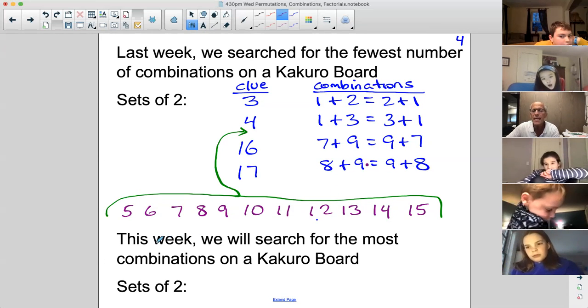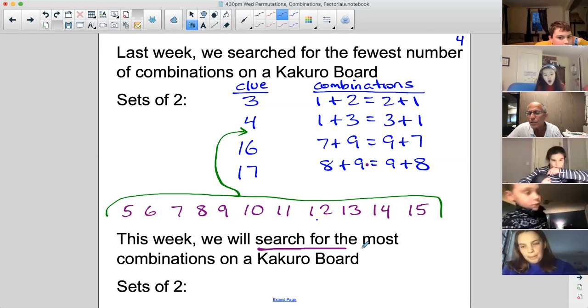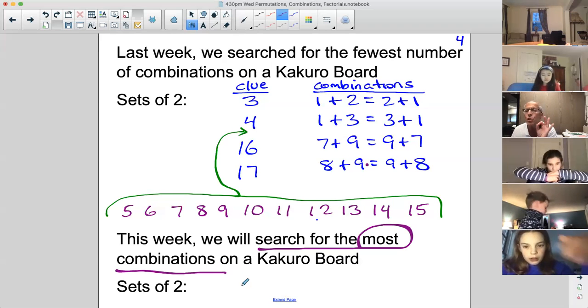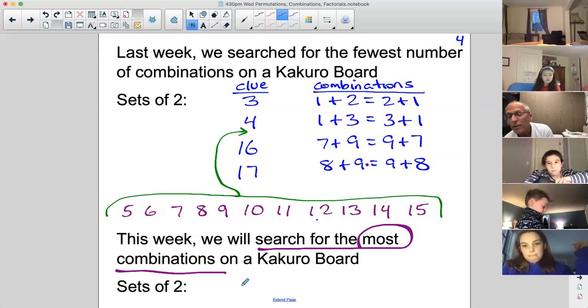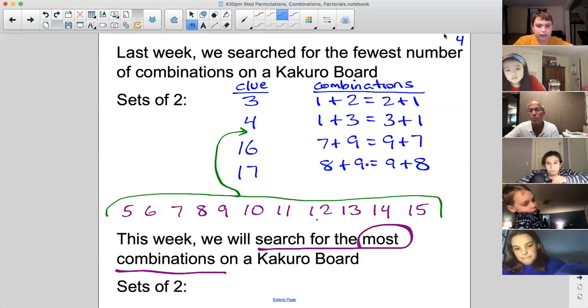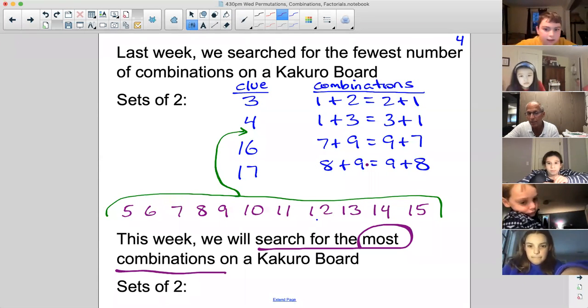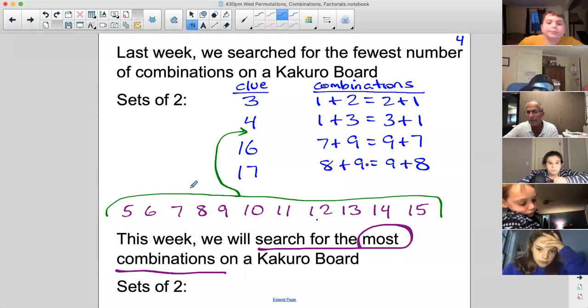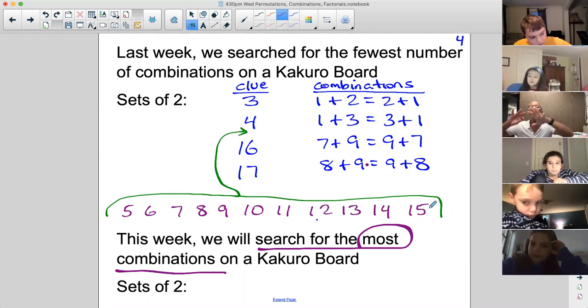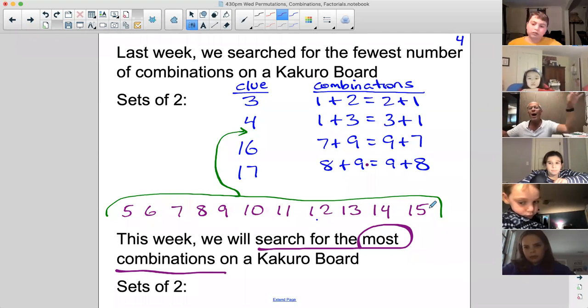Now, this week, we are searching for the most combinations, the fewest restrictions on a Kakuru board. Now, you would never do that because that would not be good Kakuru etiquette. It would be too hard. But I'm asking you, from the numbers 5 to 15, don't say it out loud, which number or numbers do you think have the most combinations?